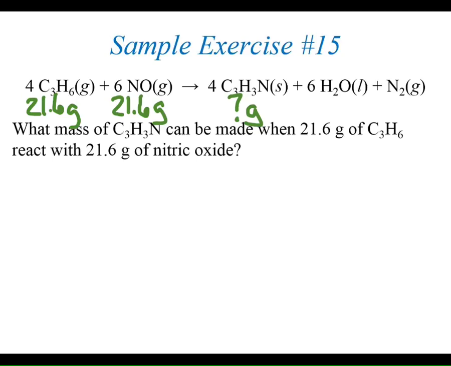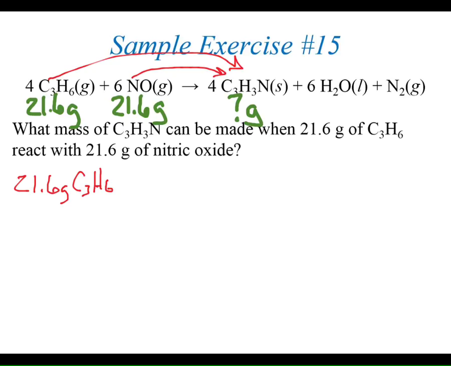Start telling me things. What do you think I'm going to do? Pick which one you want to start. So let's do C3H6 first. Great. And then what do I want to do with that C3H6? I want to turn it all the way into C3H3N. That's my goal. Then we'll do the same thing for the NO and turn it into C3H3N.